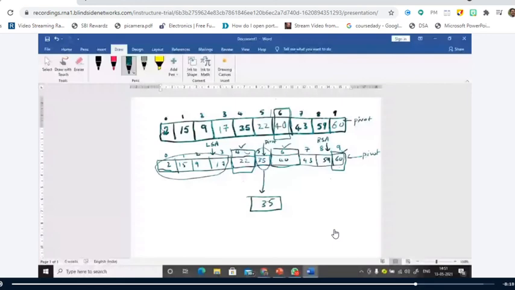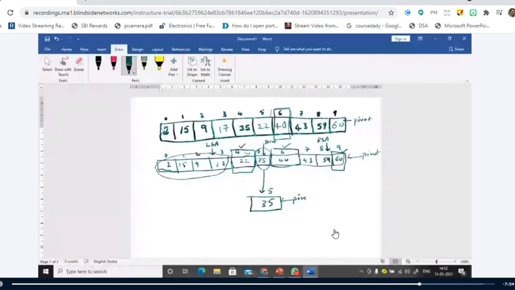So what is the index I have for 35? 5, sir. What is the index of 35? It is 5. Right. So this is a subarray consisting of a single element. So what is the pivot value here? 35. You have to take the last element, which is nothing but index 5 only, right?